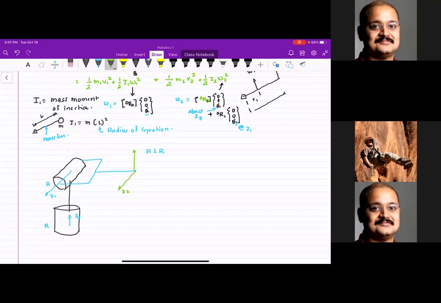What we did was derive the positions of the end effector. This is theta 1, this is theta 2. And then what we want to do is solve this problem.